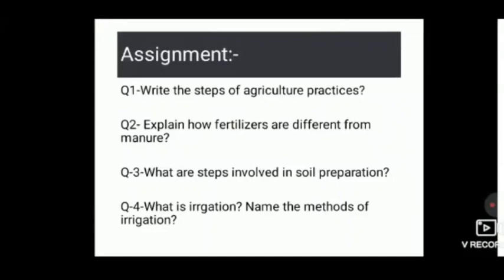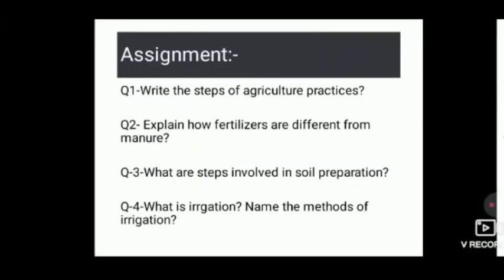The third one is, what are the steps involved in soil preparation? The fourth one is, what is irrigation? And name the methods of irrigation.